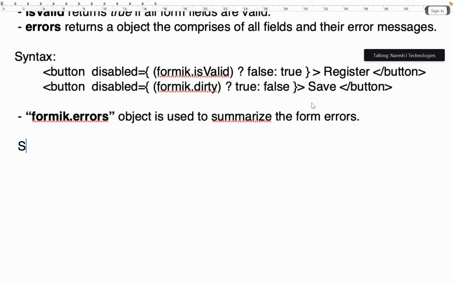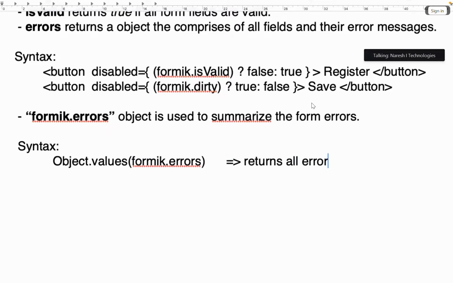So syntactically, you can use Object dot values of Formik dot errors. So what does it do? It returns all error messages.